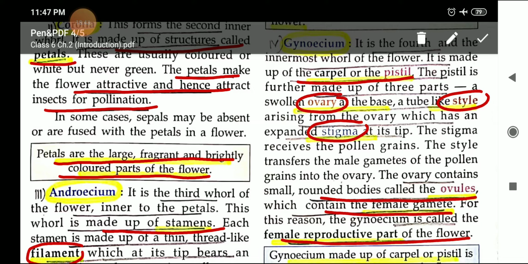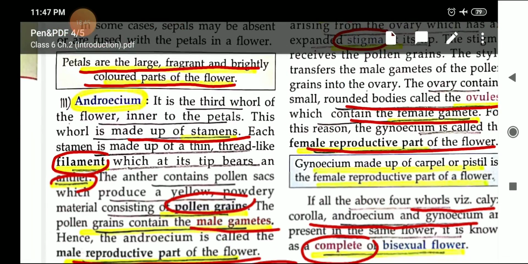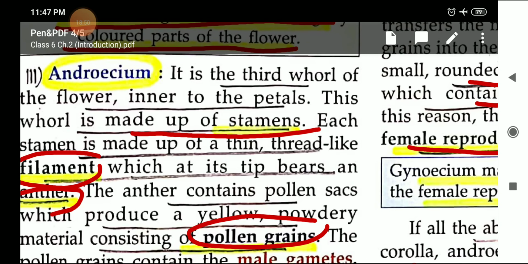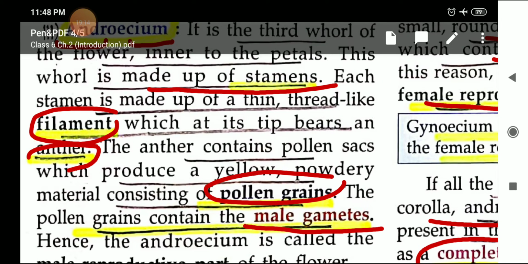Then the third very important part, that is androecium. Now children, just look here, the spelling of androecium. When you learn the spelling, just break it into two parts, androecium. E is silent here, androecium. So this way you can learn the spelling. Now androecium is made up of stamen.